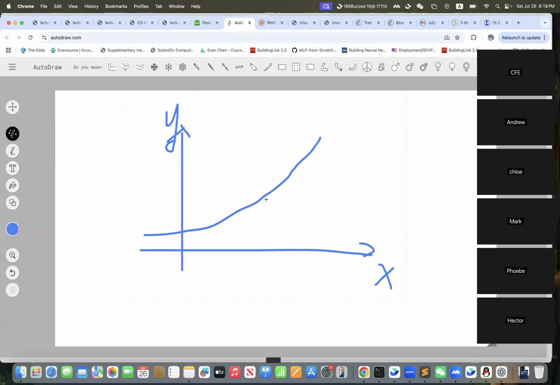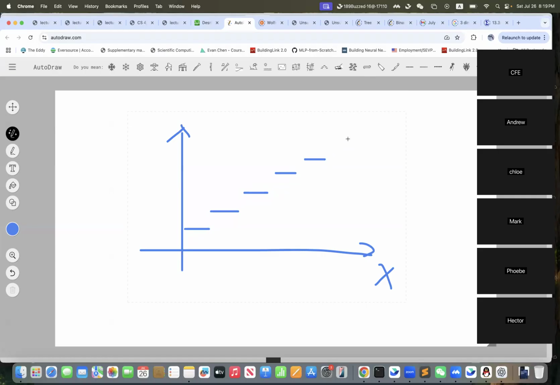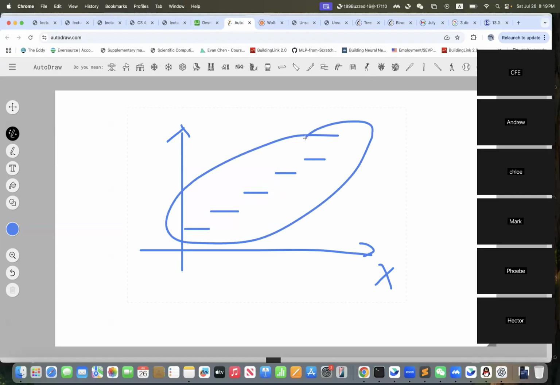If it looks something like this, then of course it can be differentiated. You see it's continuous, it's smooth. But in the 0-1 example, you see it is something like this. Of course in calculus, you know that a function like this is not even continuous, so of course it's not differentiable.